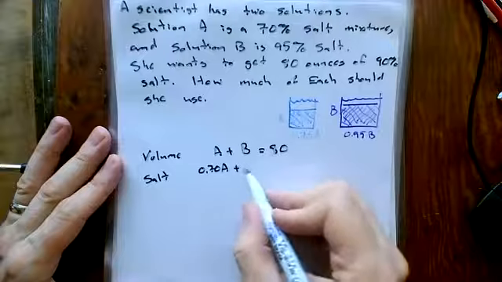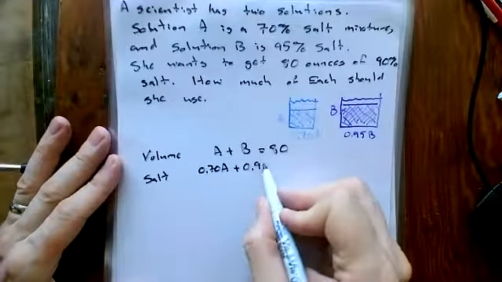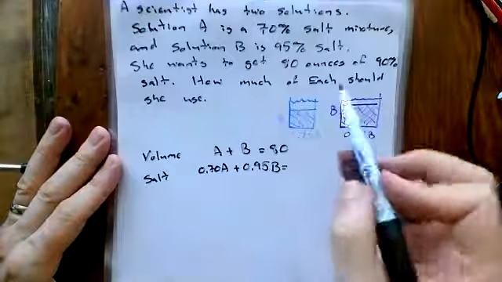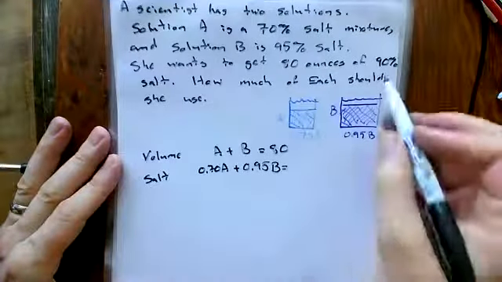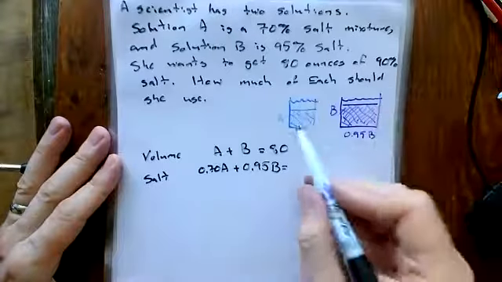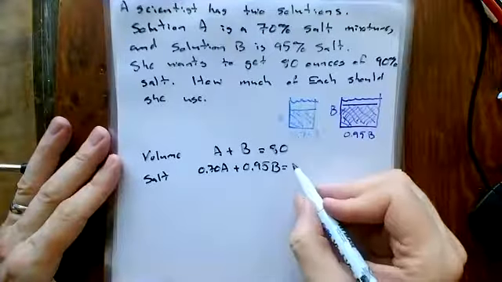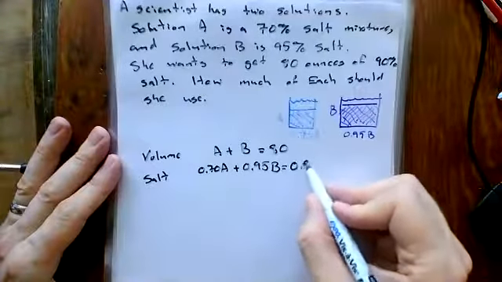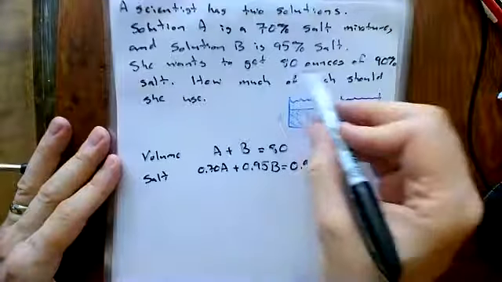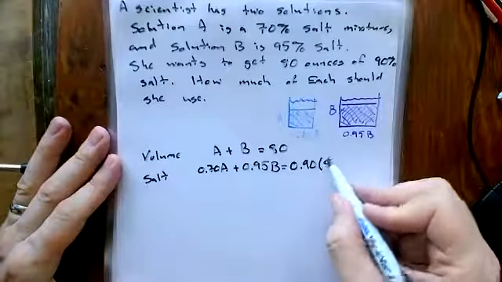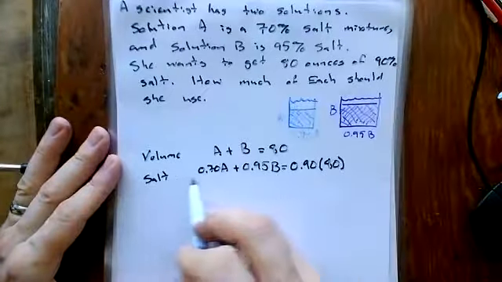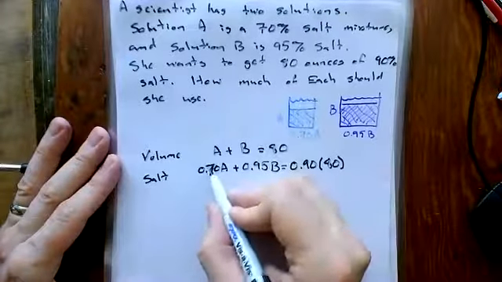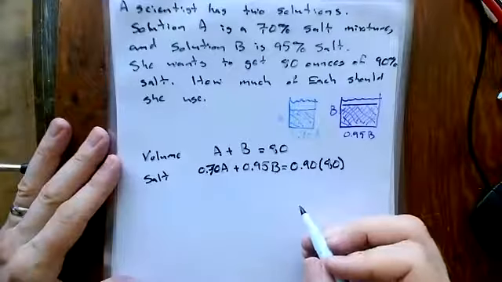For our amount B, it's 95%, so 0.95 times that amount B. Now, what we need is 80 ounces, but we want a 90% concentration. So if I put these two things together, I should end up with a 90% solution. So I'm going to have my 90%, so 0.90 times that 80 ounces. This right here is my system of equations.